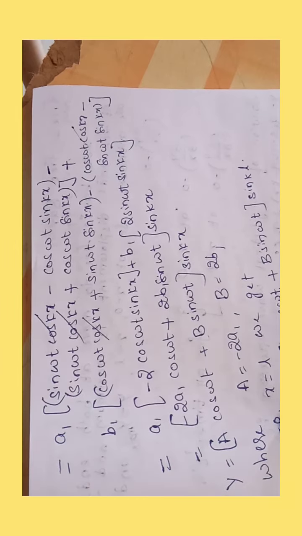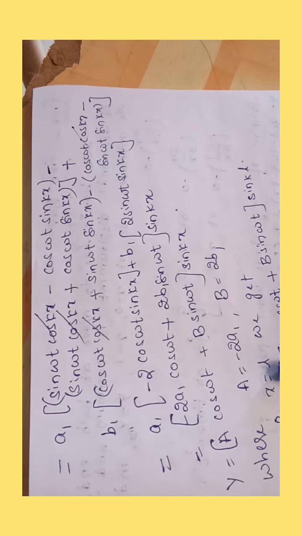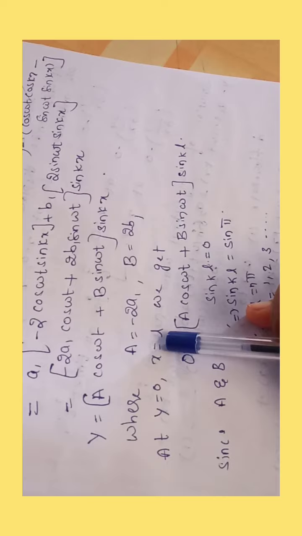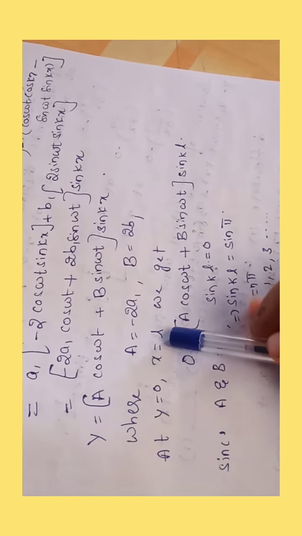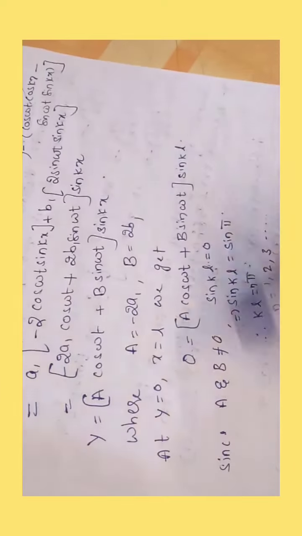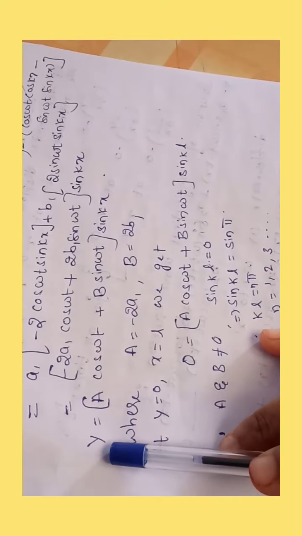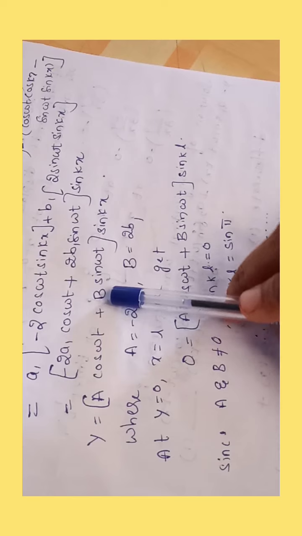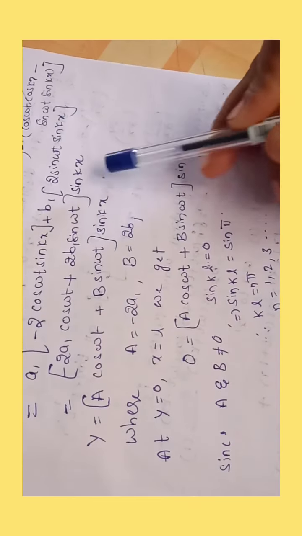At y equal to 0, the total length of the bar I said as L. So at y equal to 0, x is equal to L. We are substituting in this equation. We get 0 is equal to (a cos omega t plus b sin omega t) sin kL.